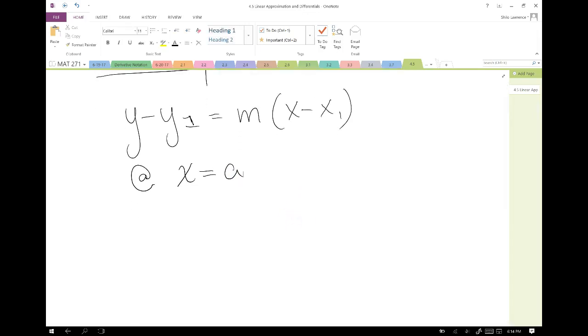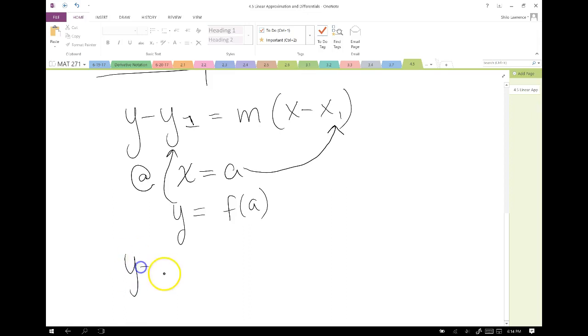So I'm going to start replacing a couple things. This is the specific x value that we're interested in. And we like to use function notation, so the y coordinate there is f of a. So now we have y minus f of a equals m times x minus a.